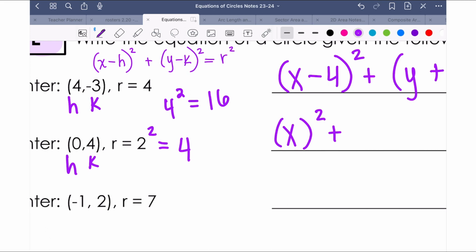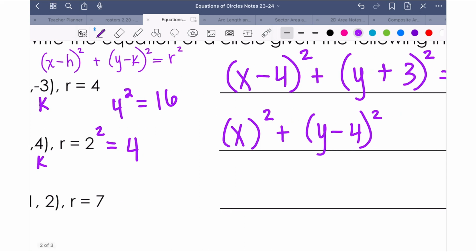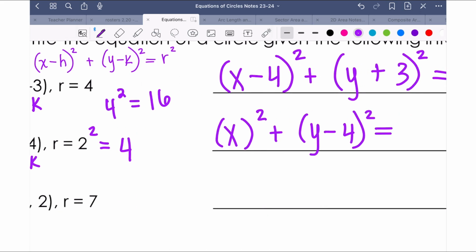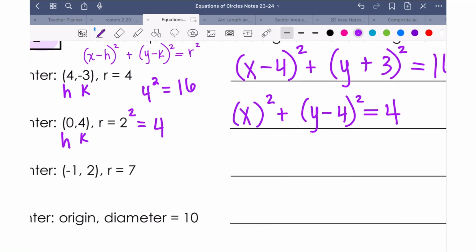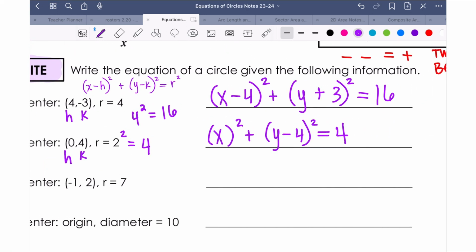So y minus, what's my k? 4, close parenthesis, squared, equals your radius squared, which is 4. Okay. Again, I'm following this formula right here. Okay.